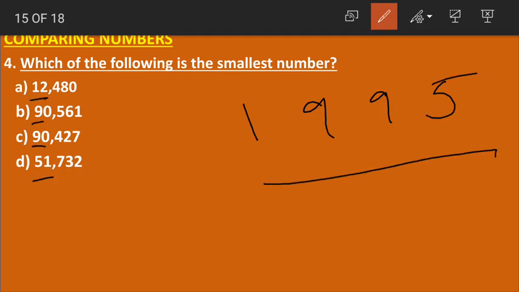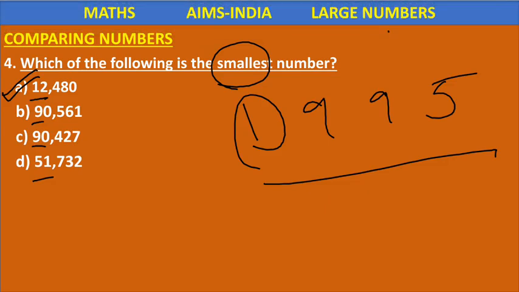Now among these given numbers, which is the smallest number? 1 is the smallest number, yes. So the number with 1 in the highest place value becomes the smallest number here, which is 12,480, okay.